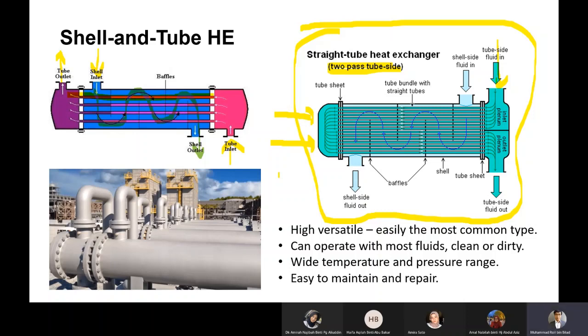And the general movement you can see from the arrow here. So I can say the liquid comes in from this side. This is the inlet plenum, they call it.